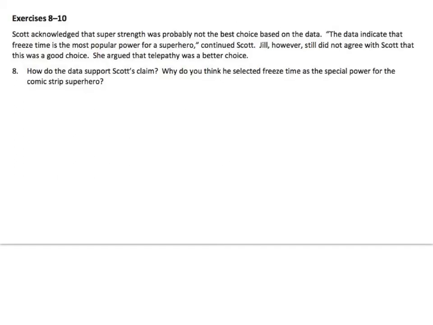Scott acknowledged that super strength was probably not the best choice based on the data. The data indicate that freeze time is the most popular power for a superhero, continued Scott. Jill, however, still did not agree with Scott that this was a good choice. She argued that telepathy was a better choice. How does the data support Scott's claim? We already looked at telepathy versus super strength.